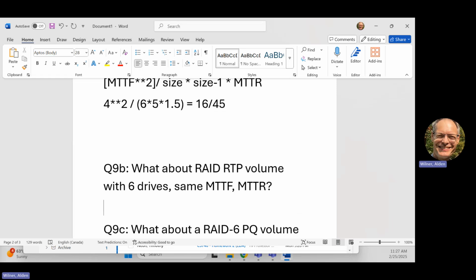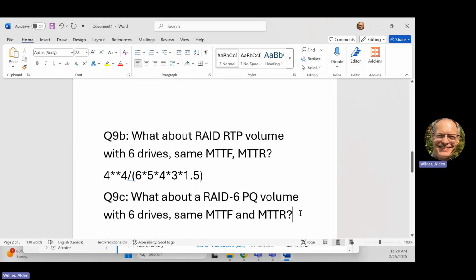So it's going to be 4 raised to the power of 4 over 6 times 5 times 4 times 3, because we have to fail 4 drives, times the MTTR, which is 1.5. So that's our formula for RAID RTP, right?